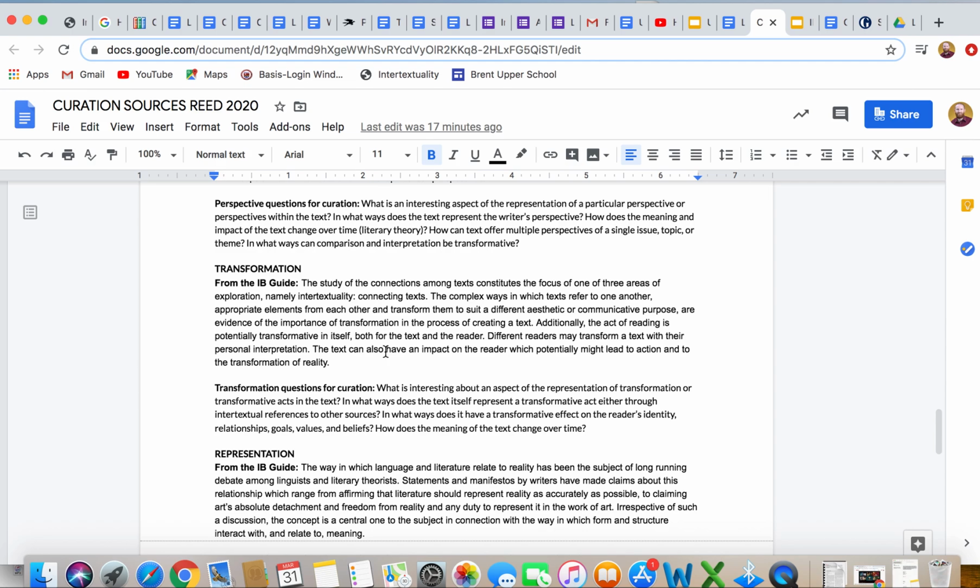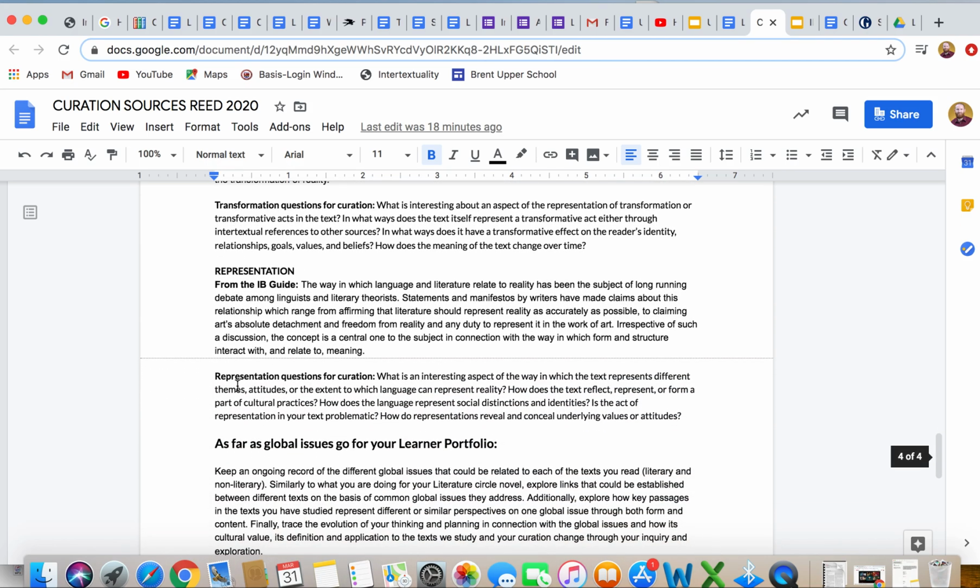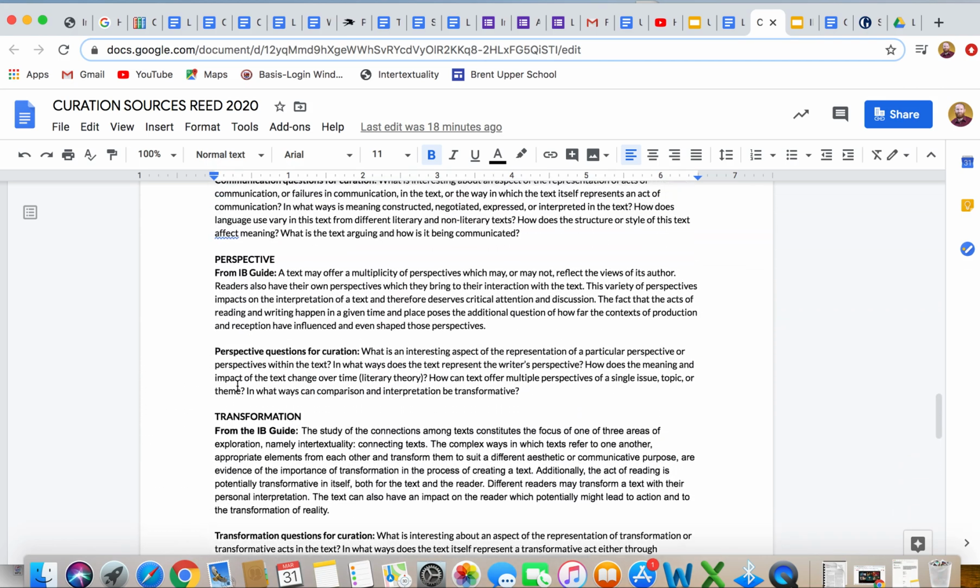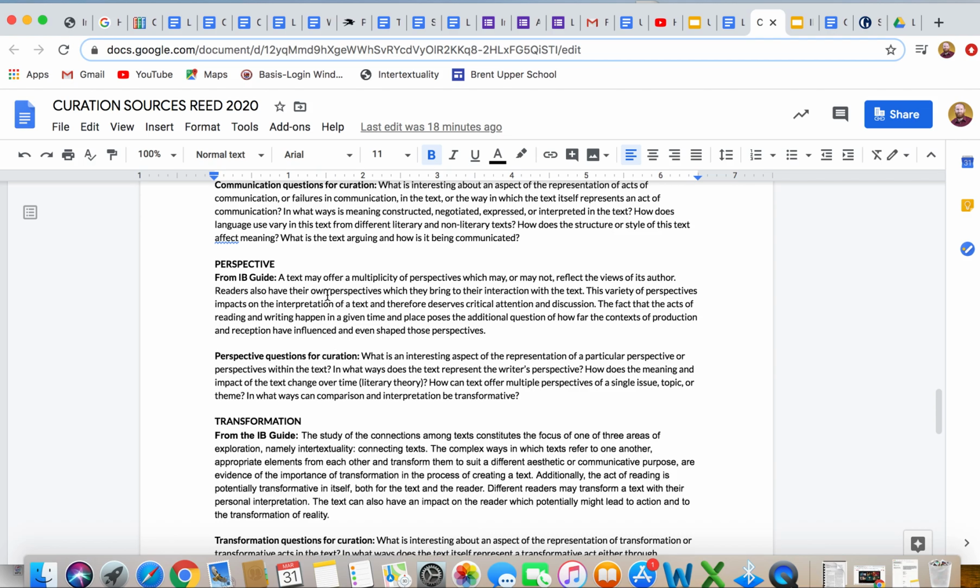They're connected to other concepts. So transformation has a lot to do with things like creativity or communication or perspective, right? So when you're curating your transformation page, check out some of the other concepts. Check out perspective or creativity or communication. They might help.